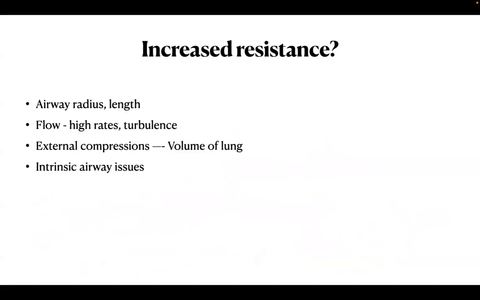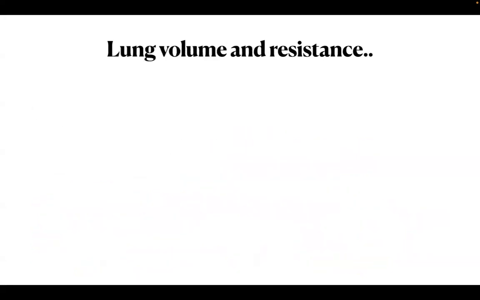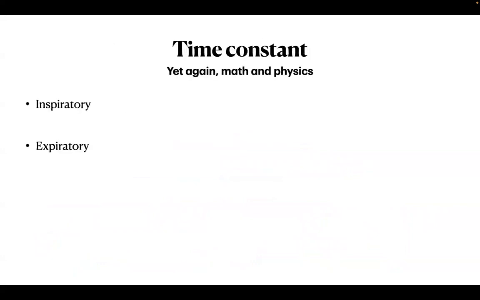So with that, we'll move on to the third one, which is time constant. Time constant is another factor that is borrowed from mathematics. It is the time taken for a lung unit to inflate to a desired volume or to deflate from a desired volume. People also talk about it as the amount of time taken for pressure to equilibrate from one point to the other.